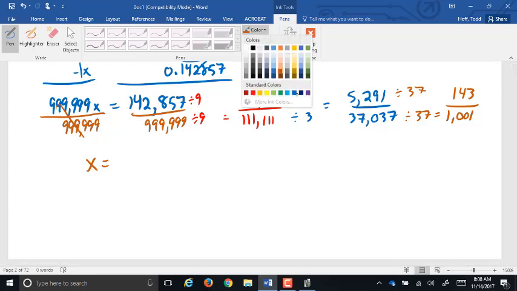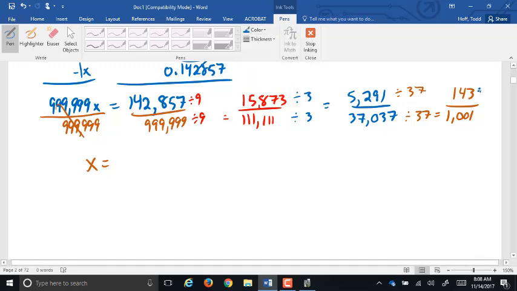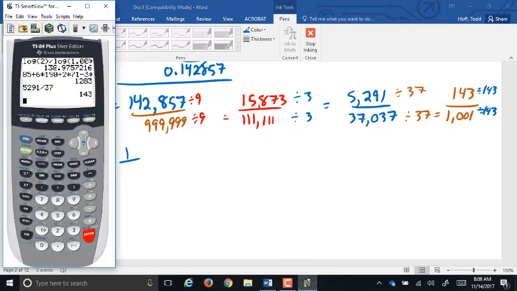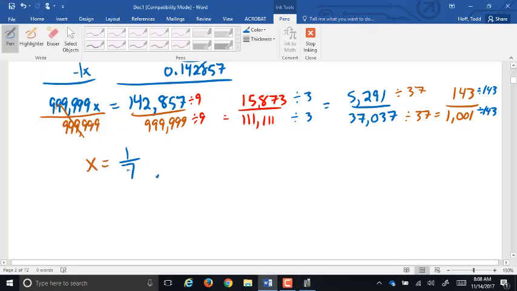Both of those are divisible by 143. 143 divided by 143 is just 1. 1,001 divided by 143 is 7. Not your easiest reducing job out there. I'm not going to test you on the repeating decimal part of it yet.